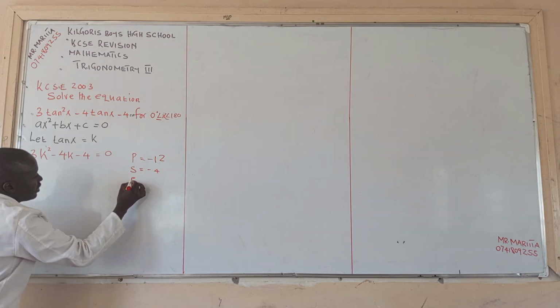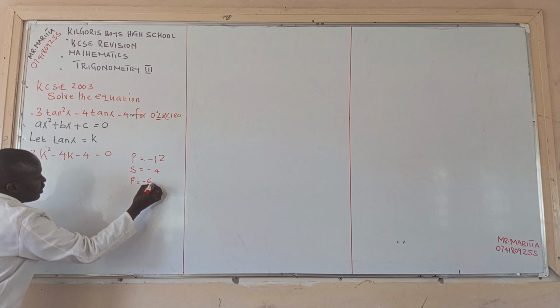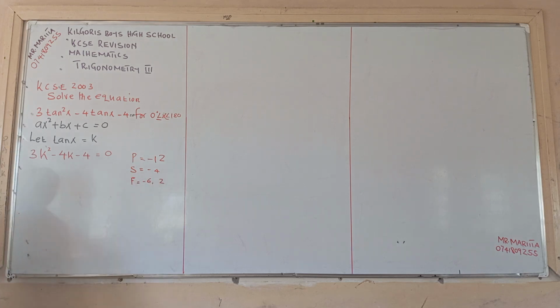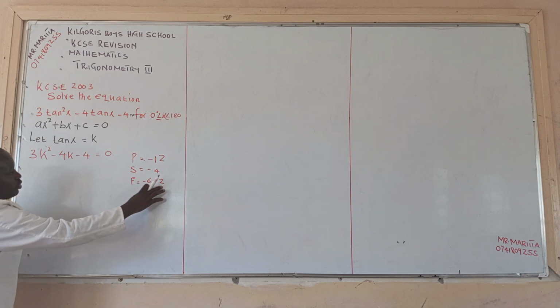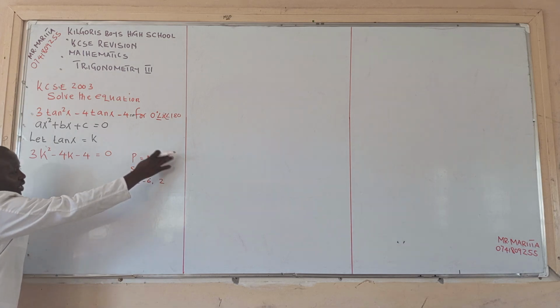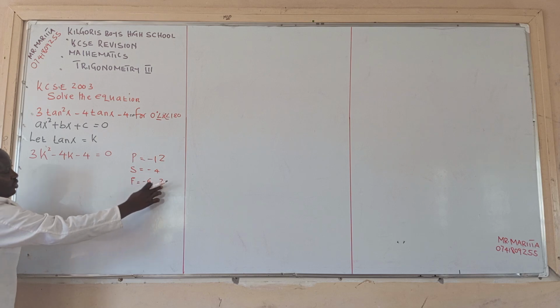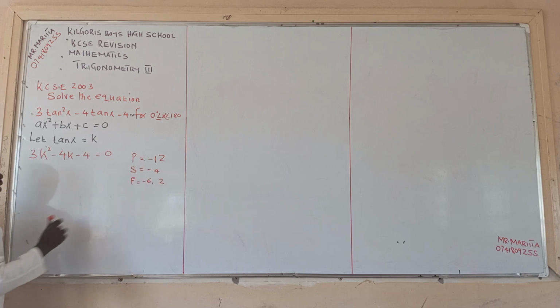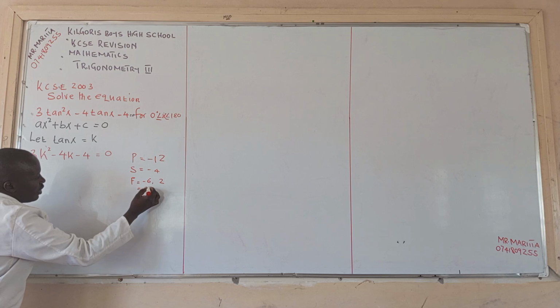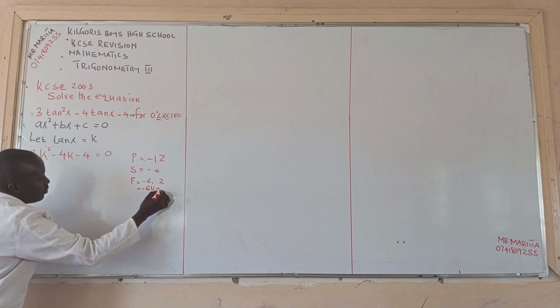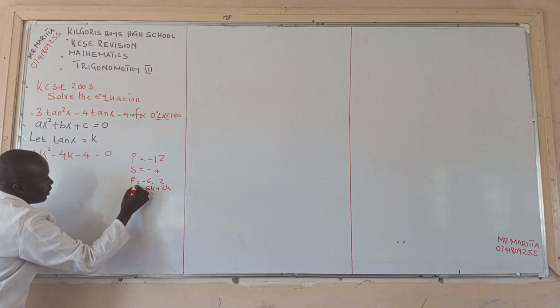Therefore, our factors are negative 6 and 2, such that negative 6 times 2 gives negative 12, and negative 6 plus 2 gives negative 4.